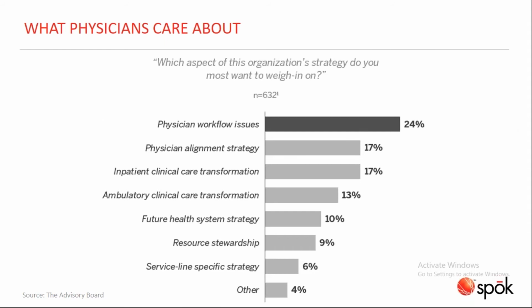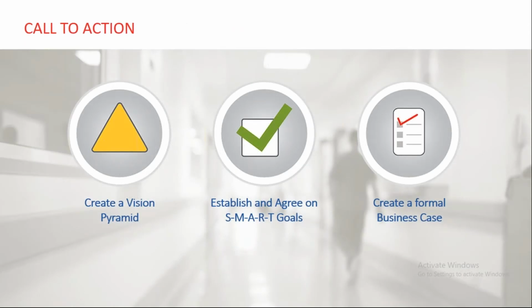So some calls to action here: I always suggest at the beginning of any project, create a vision pyramid. It's a simple exercise. It's actually not as easy as it may seem, but the framework is quite simple. It'll allow you to distill something that's very high level and in the clouds into something very tactical and tangible that you can execute against.